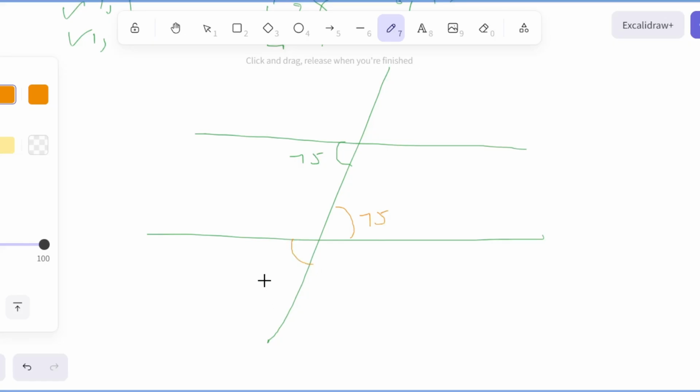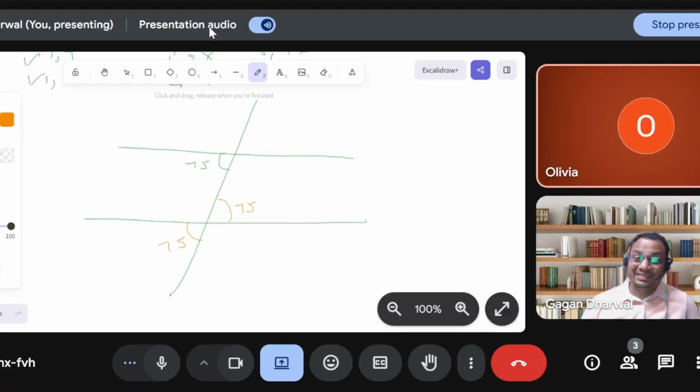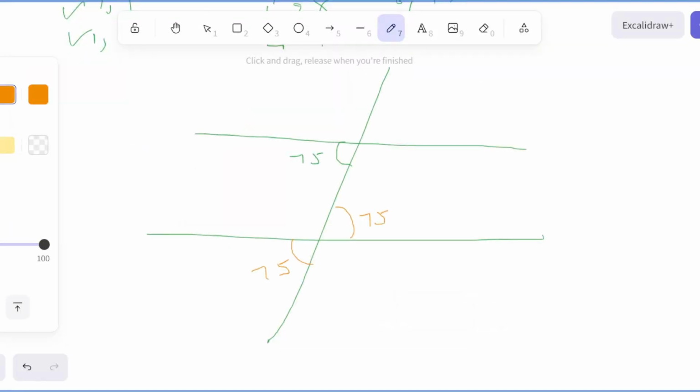If this is 75, what will be this? 75. Why? What type of angles are these? We just studied them. What are those angles which are formed when two lines intersect each other? You would have written it down.